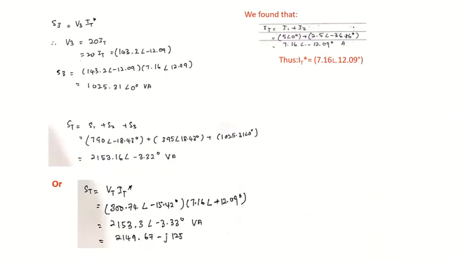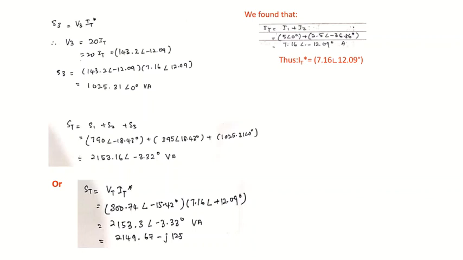So for your third apparent power, a similar formula is also used. So V3 times your I3, where your I3 here is your I total conjugate. Previously we know that V3 is equal to 20 times your I total, which is 143.2 with minus 12.09 degree angle.